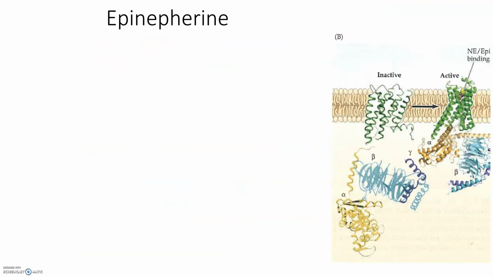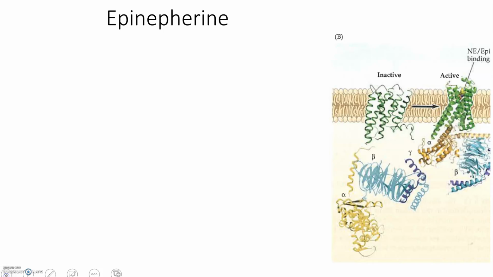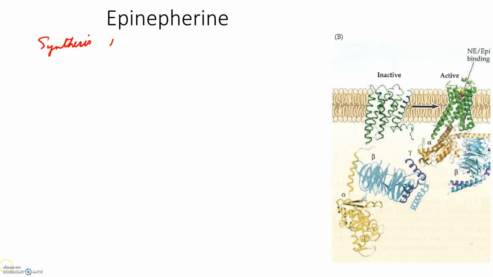We'll just mention briefly epinephrine because so much of it is the same as norepinephrine. The synthesis is from norepinephrine. Again, in one single enzymatic step, norepi is converted to epi.